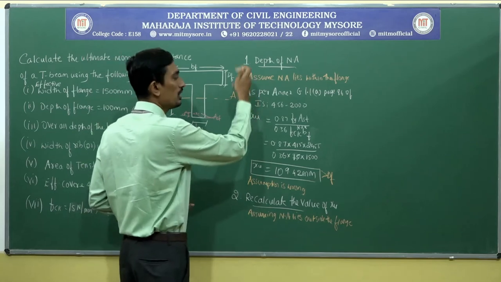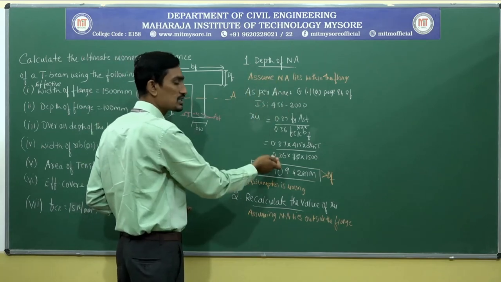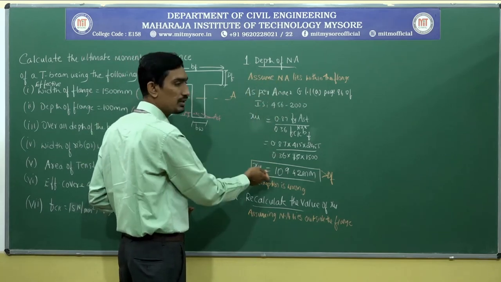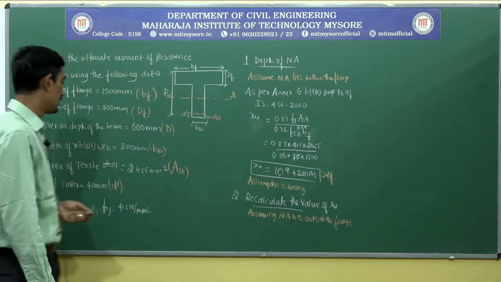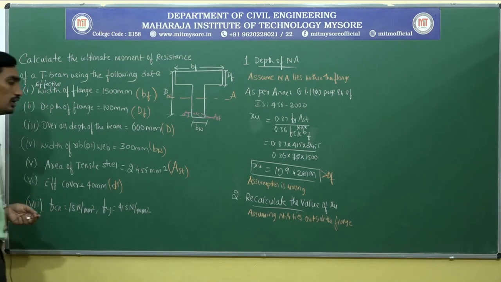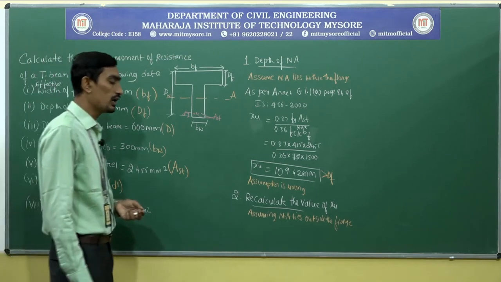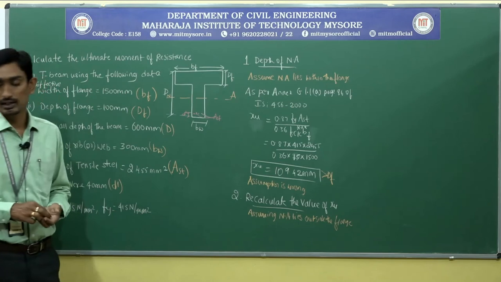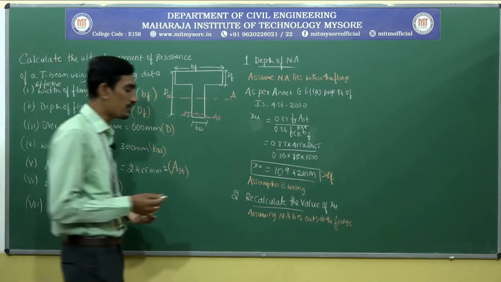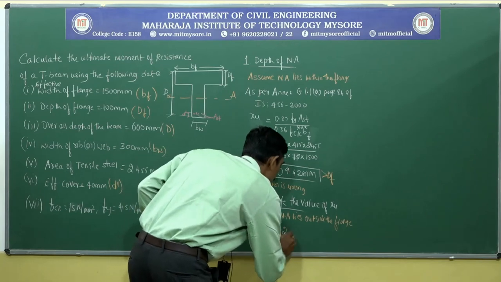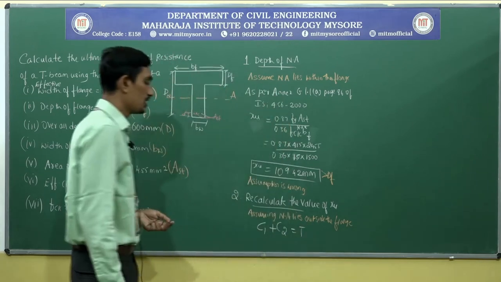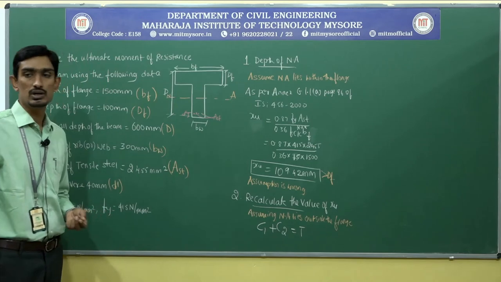Initially I assumed within the flange, and the condition has failed. Next I will go with a further recalculation of XU, assuming the neutral axis lies outside the flange. We are going to use the same formula which we used in the last class: C1 plus C2 is equal to T.